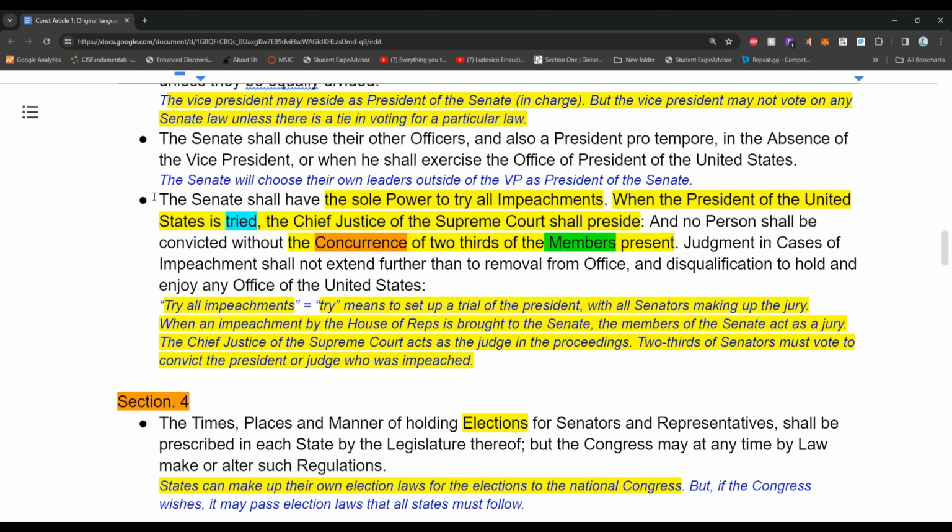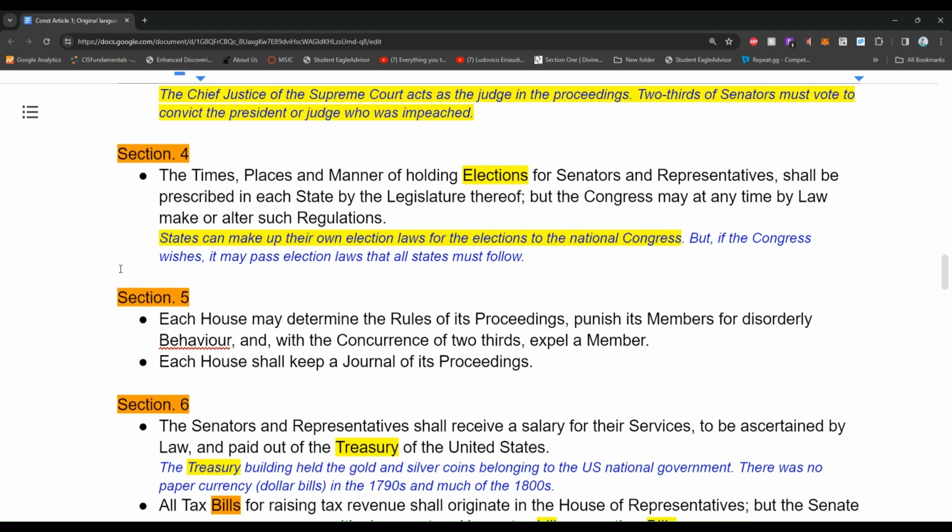And if 2/3 of the senators vote to kick the president out of office, he is relieved of his presidential duties. And no president has ever been kicked out of office. There have been 4 or 5 times where a president has been impeached, but the Senate has never convicted.